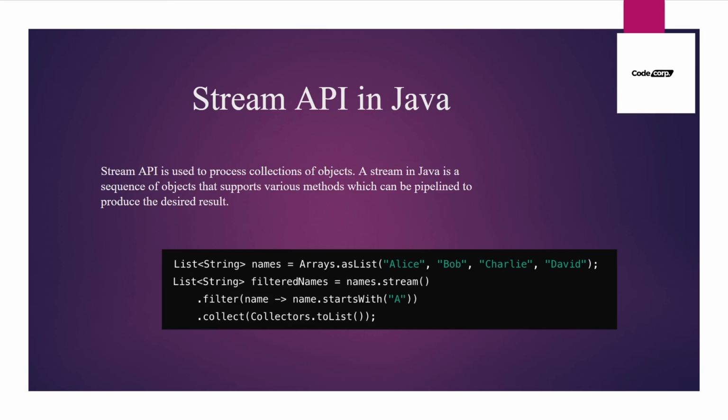It's generally used to perform some operations on a particular collection of data, whether it is an ArrayList or an array or anything. We just want to perform some pipelined operations on that collection, and then at the end we are going to store that result into some other collection. Okay, so that is the main point of the Stream API.